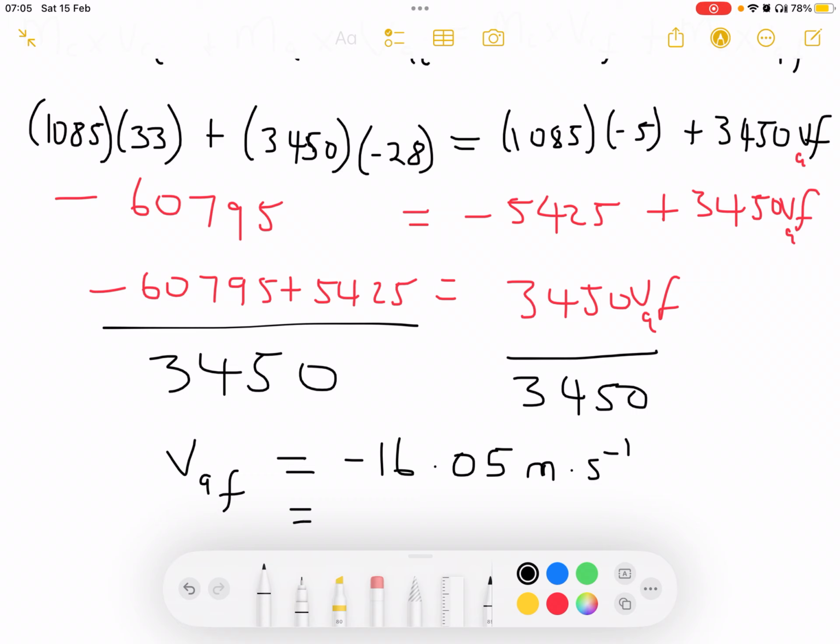And when it says minus, this means it's going to the west. So it's 16.05 meters per second west.